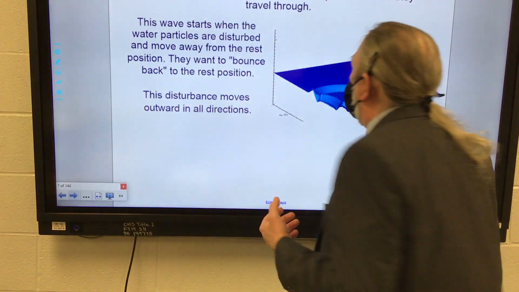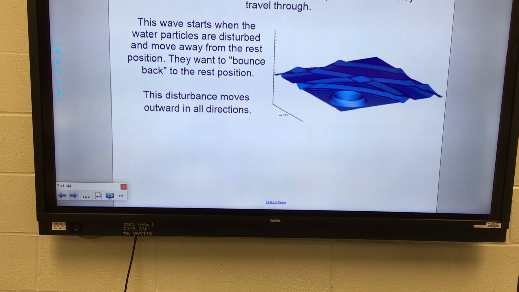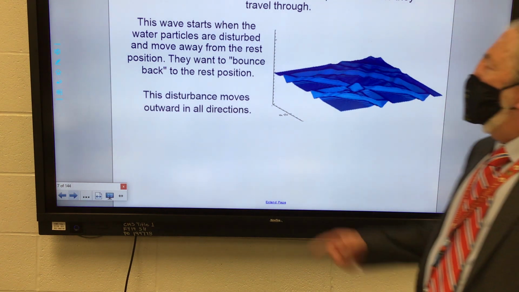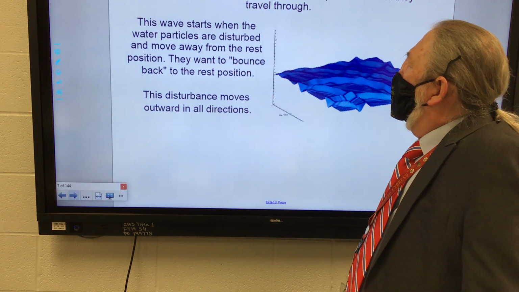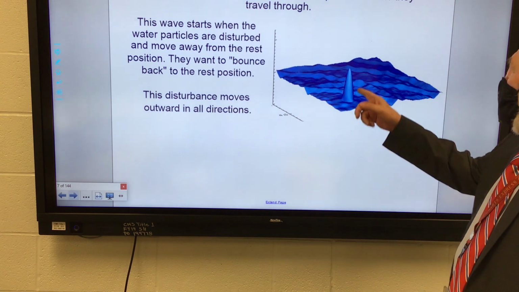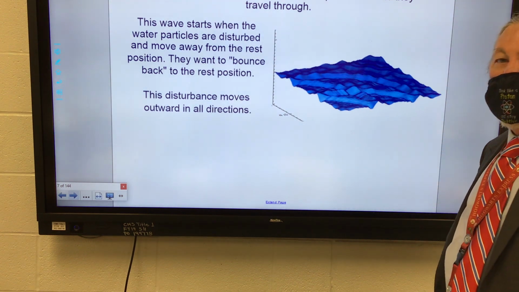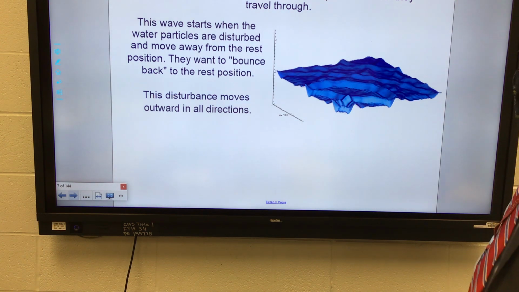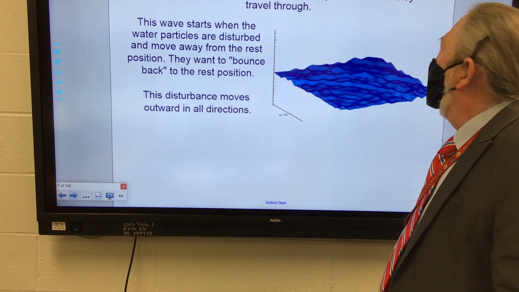Again, what causes a wave to form? Well, all waves start by a disturbance in the space or matter they travel through. And the wave starts when the water particles are disturbed and move away from the rest position. Look here, here's a place right here. Somebody threw a rock in there, it looks like, or even sometimes a big drop of rain on a lake will cause waves to form.